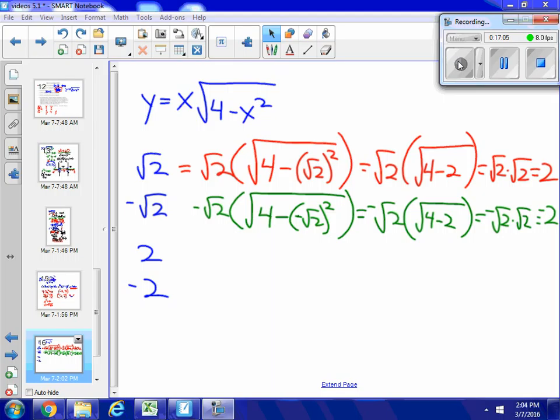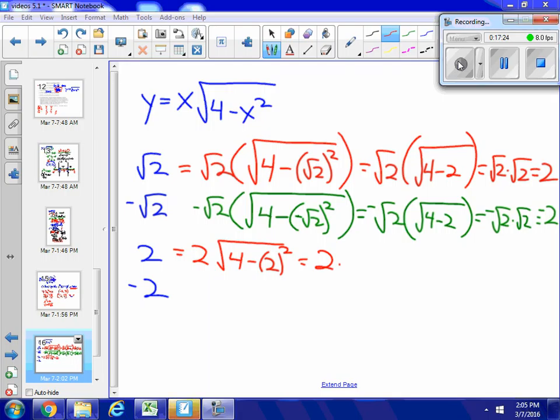Now I can try it with my endpoints here. Let's try it with 2. So I have 2 times the square root of 4 minus 2 squared. Well, that's equal to 2 times 0. So that's equal to 0. And I have a feeling the same thing is going to happen here.